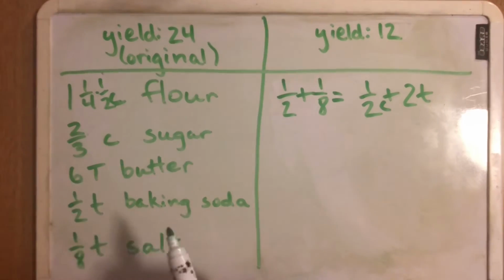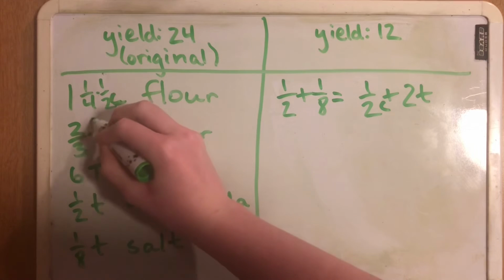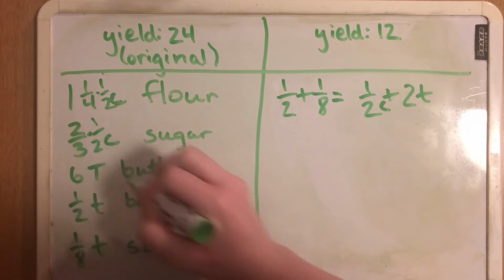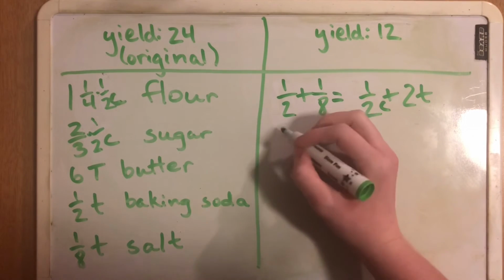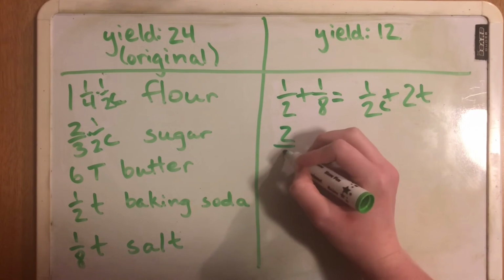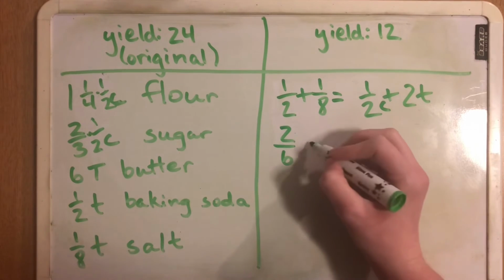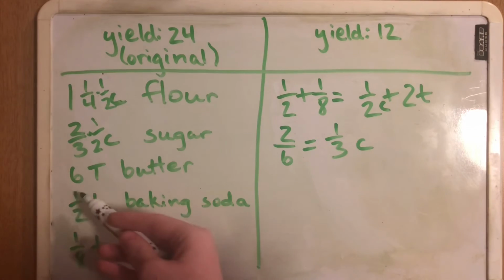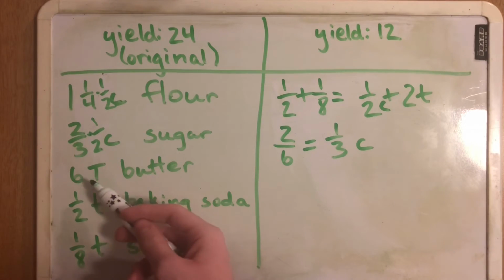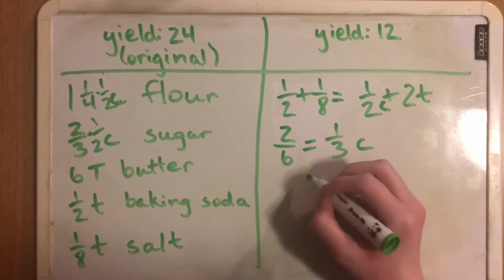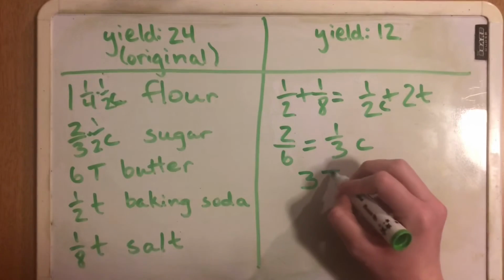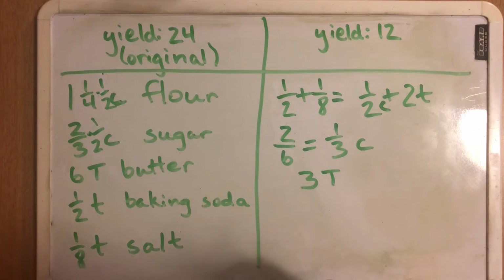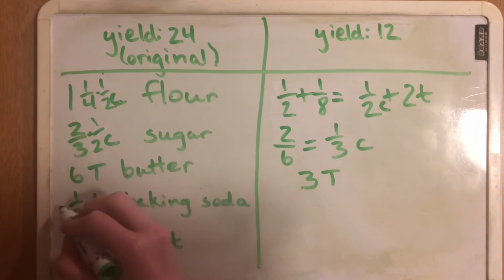2/3 is a little more straightforward. We can multiply by 1/2, and we end up with 2/6, which is also equal to 1/3. 6 tablespoons of butter is super easy. 6 divided by 2 is 3. 1/2 teaspoon divided by 2 or multiplied by 1/2.